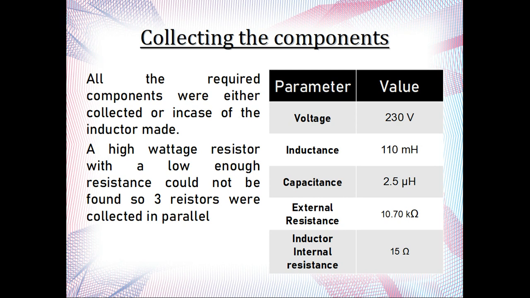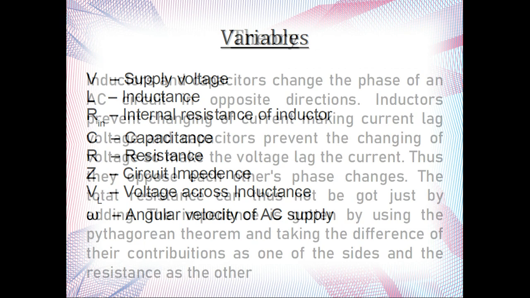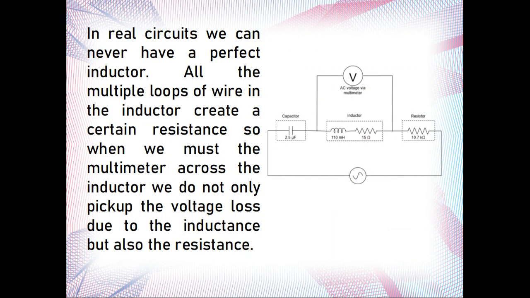We must mention that the inductor is not an ideal component like we use for our theoretical models. It also has an included resistance, so the voltage we measure across the inductor is not just because of the inductance but also due to the resistance. So we must also take that into account in the theory.